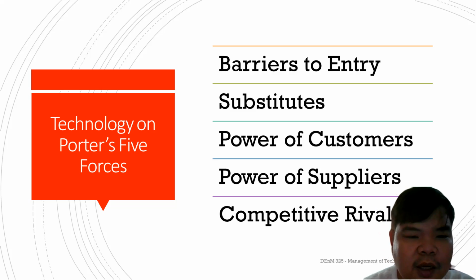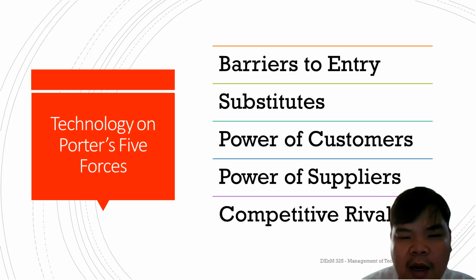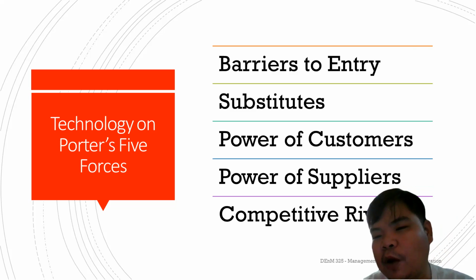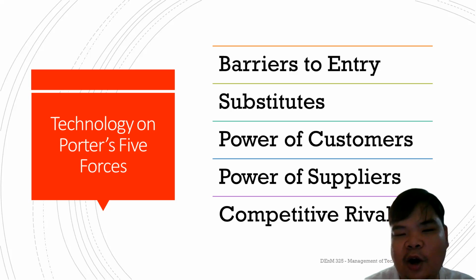Okay. Another is the power of customers and also the power of suppliers. The potential impact of technology is that technology may free businesses from a single source of supply. For example, the different open source software, right? Versus the Microsoft software. Of course, with open source software, you do not need to pay anything. But for Microsoft, you need to pay licenses.